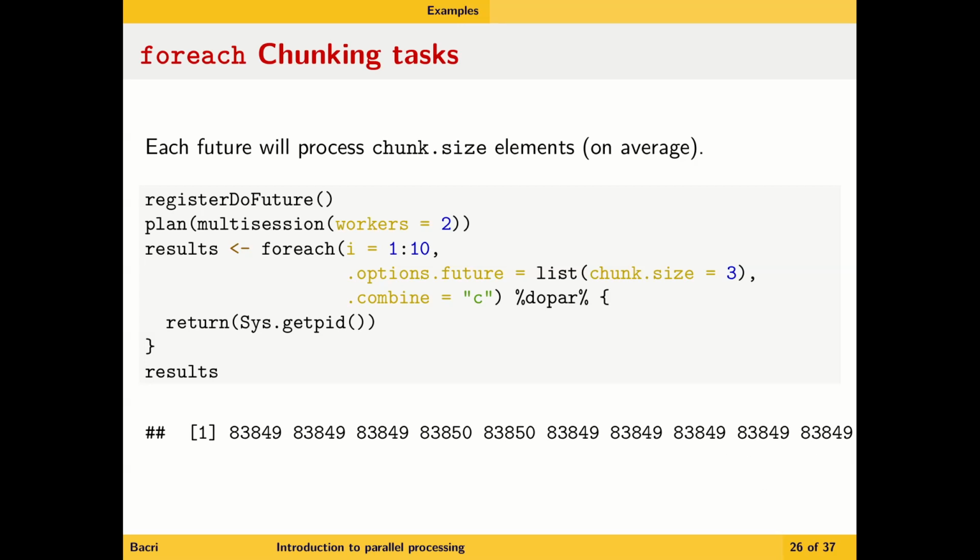There is a heuristic behind it. This can be useful mainly if you have a very large amount of small tasks, because otherwise you will run into a lot of overhead. So the way to do this is options future and then the chunk size, which will be the average number of tasks that each process will run on your loop.